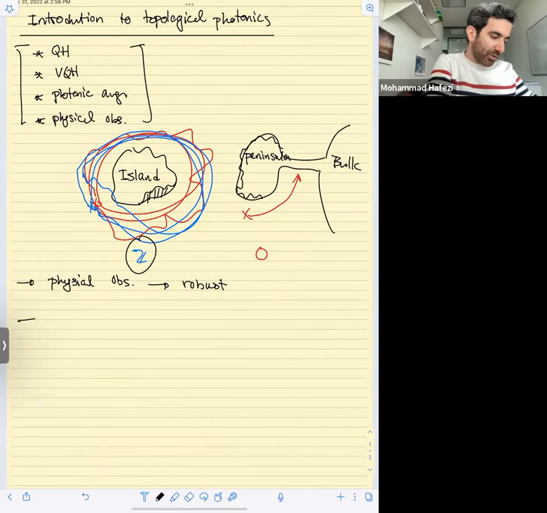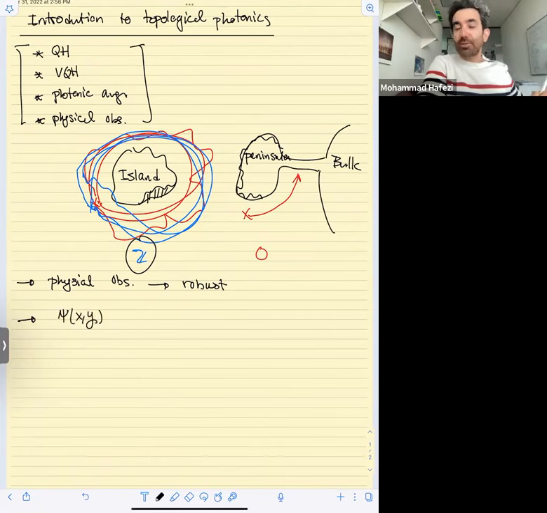If you think of now a quantum system, let's think of a single particle wave function, let's say psi of x and y in a two-dimensional system. This can be a wave function of an electron in a two-dimensional system. This can be a wave function of a photon, solution of Maxwell's equation in 2 dimensions.